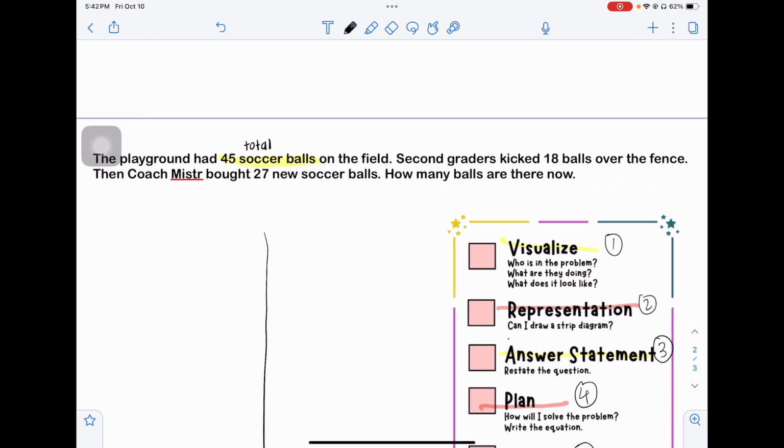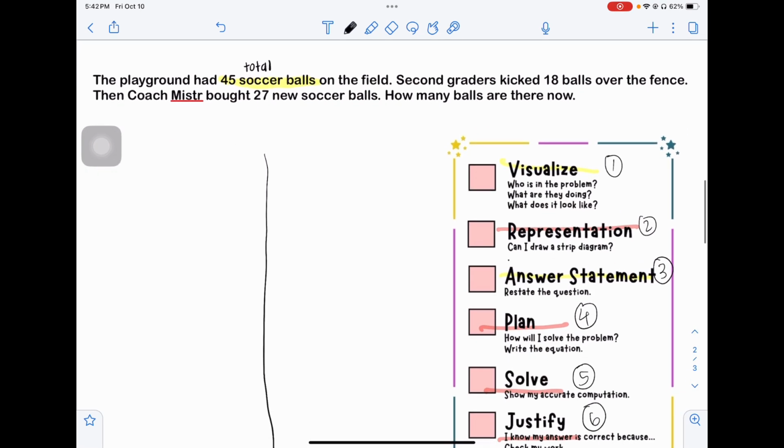Then second graders kicked 18 balls over the fence. So when you're visualizing, you're kicking the balls over the fence. They're gone. They've left us. The balls are going away. Okay, so that's going to be a part.